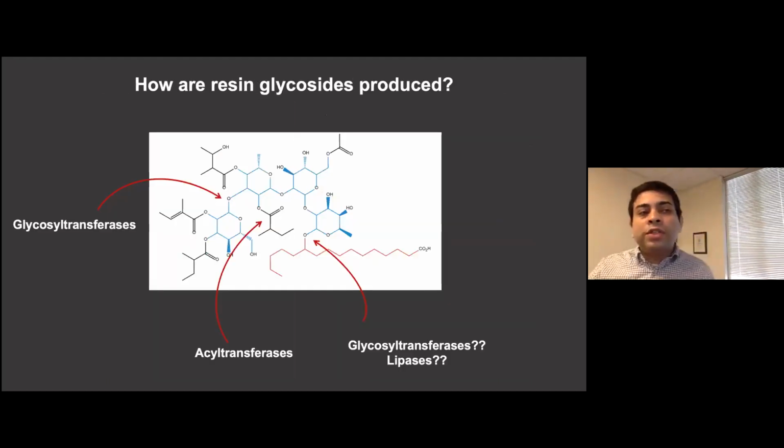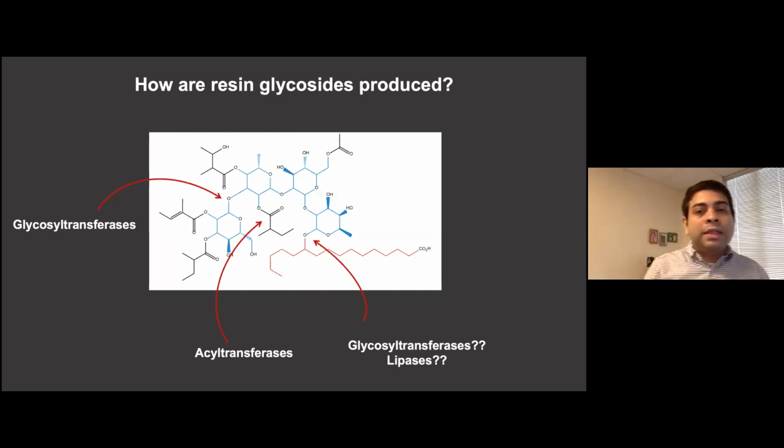So the next question then is, how can we use these resin glycosides for understanding their biosynthesis? And this is still an ongoing work. We are doing proteomics, developing transformation assays in Convolvulaceae species to figure out the different enzymes that might be involved in their biosynthesis.